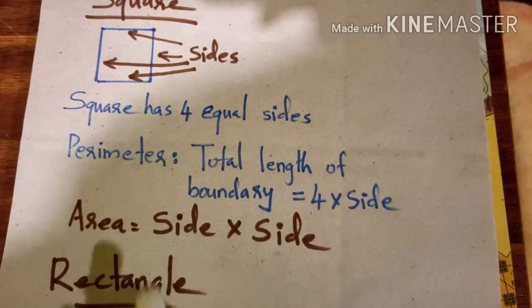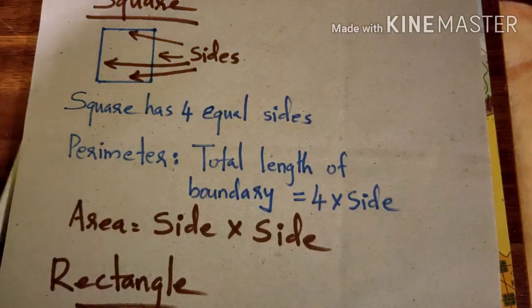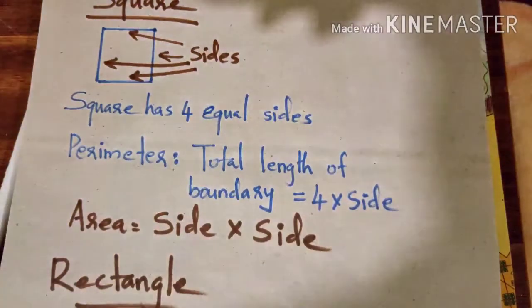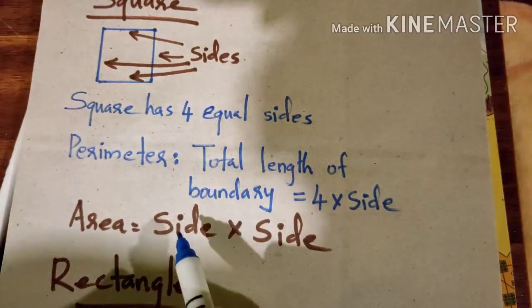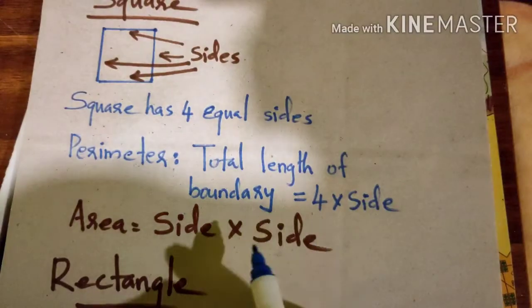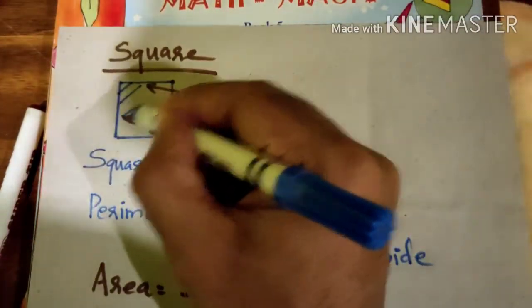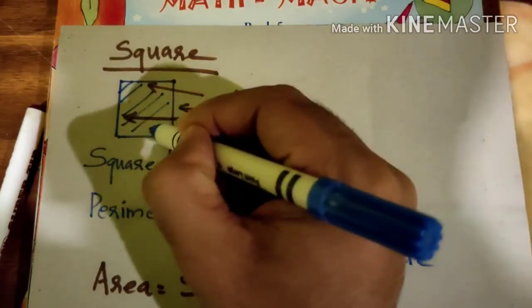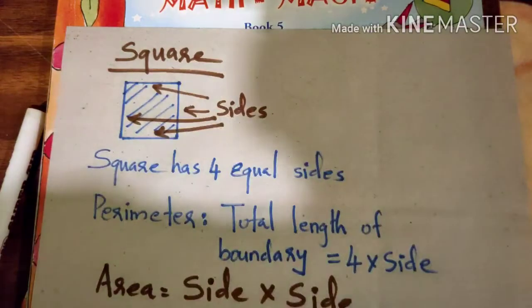Now let's look at what area is. Area is side into side. To get area, we multiply side into side. This shaded portion represents area.